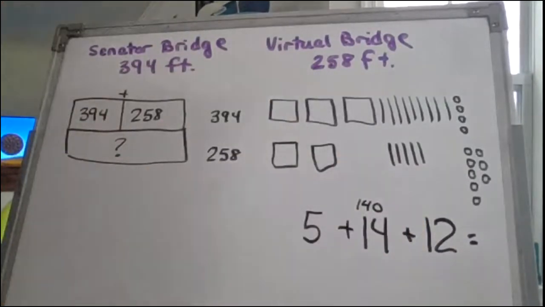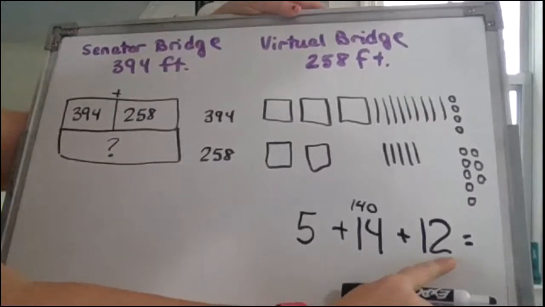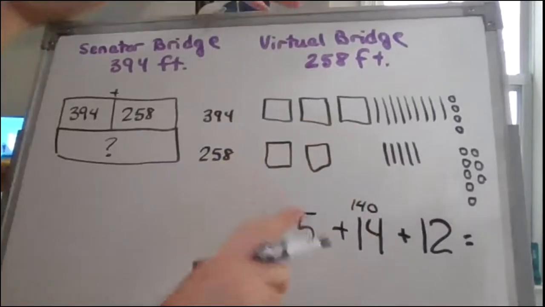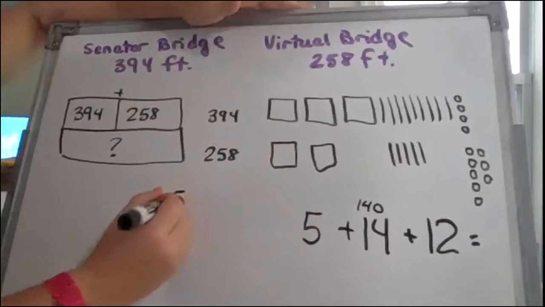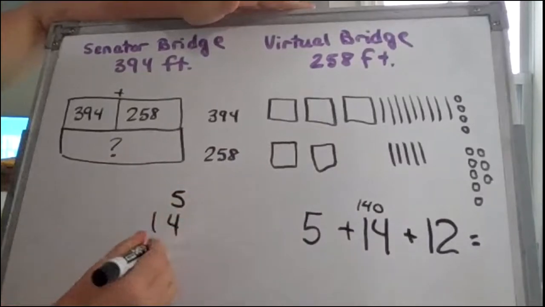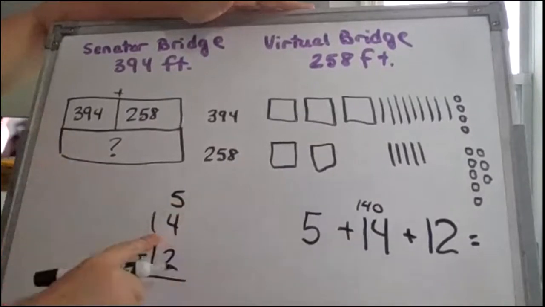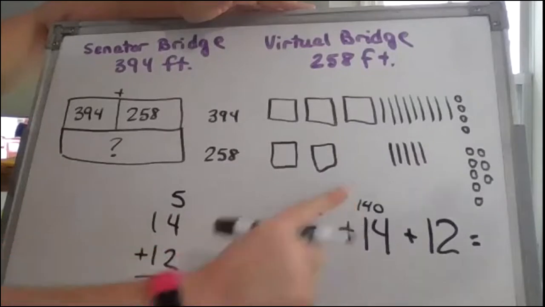And if I have 12 ones, it's really 10 and 2 ones, okay? So if I'm going to add this up, I'm going to need to regroup. Think of it as 5 plus 14 plus 12, okay? 14 tens is 140, okay?